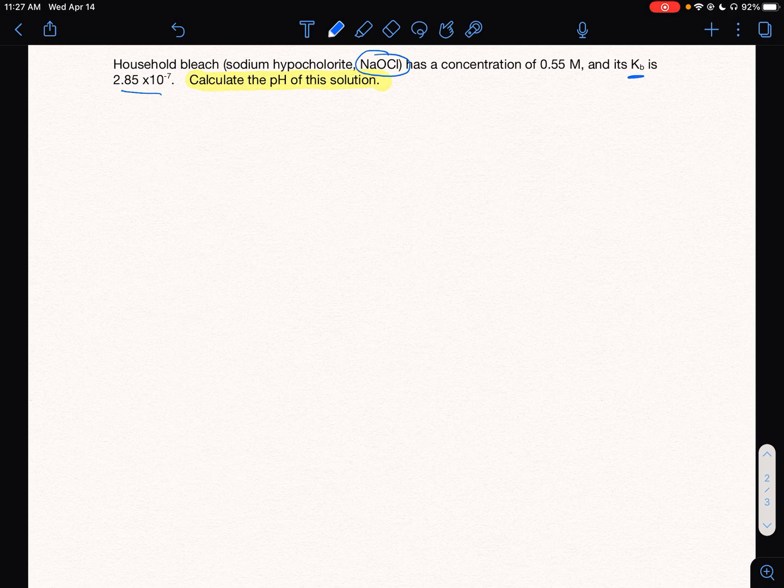So we can start off with our weak base equilibrium, where we have NaOCl aqueous plus water in the liquid state goes to, in this case, since we started with a weak base, we're going to end up with hydroxide, OH minus, plus our HOCl aqueous, and then we also have our spectator ion, sodium ions.